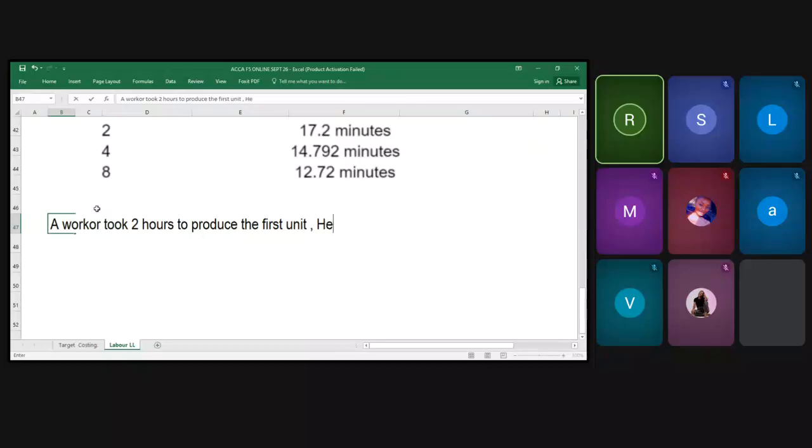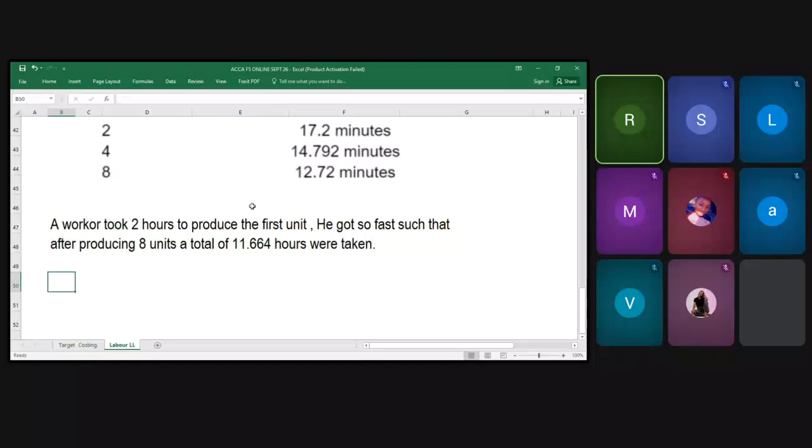He got so fast such that after producing 8 units, a total of 11.664 hours were taken.